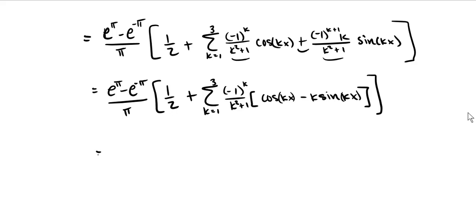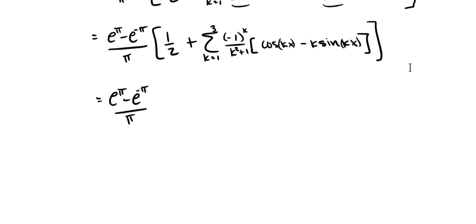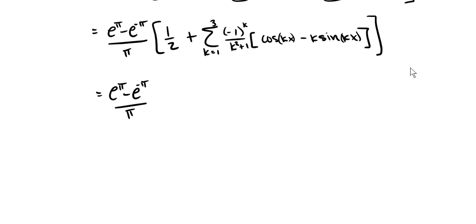And what do we have? Did I do this right? Yes, over pi. Okay. 1/2 plus, okay, when k equals 1, this is a -1 over 2 times cosine of 1 times x minus 1 times sine of 1 times x.